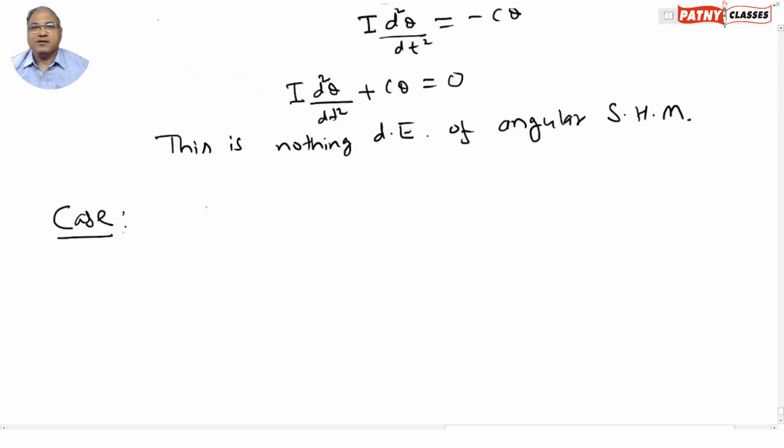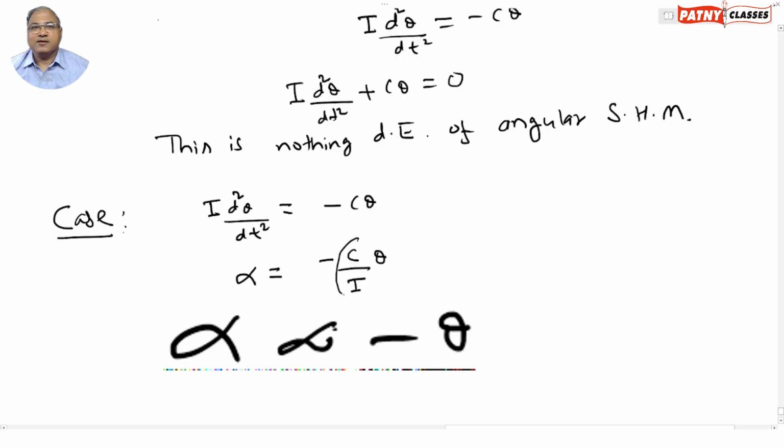This equation can also be written as I d2 theta by dt square equals minus C theta, and d2 theta by dt square, I already told you, is alpha. So alpha equals minus C divided by I times theta, which implies alpha is proportional to minus theta, because C and I are constants.